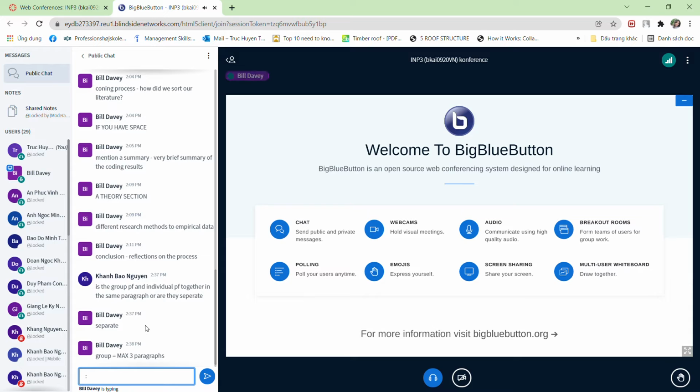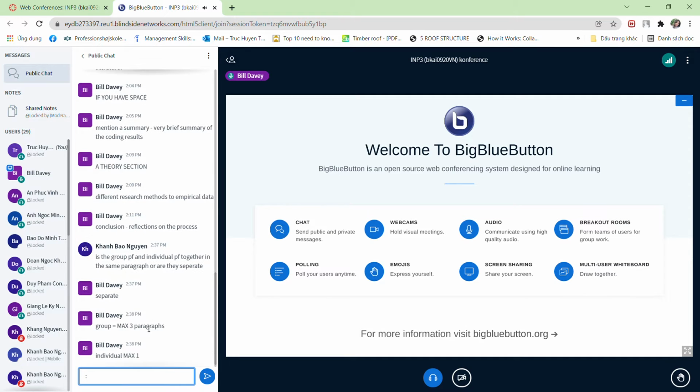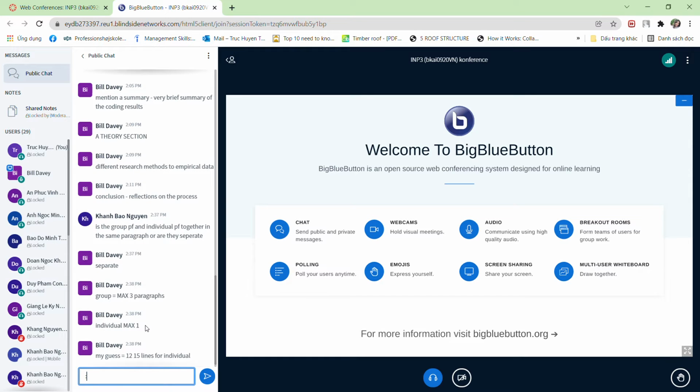Individual, max 1. The individual one, I would guess, will be a paragraph of about 12 to 15 lines in a Word document.